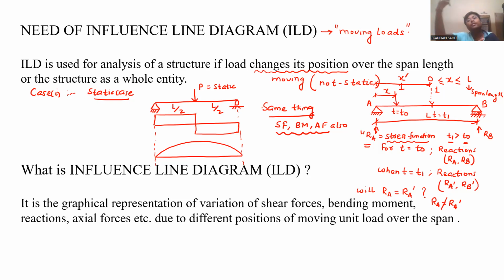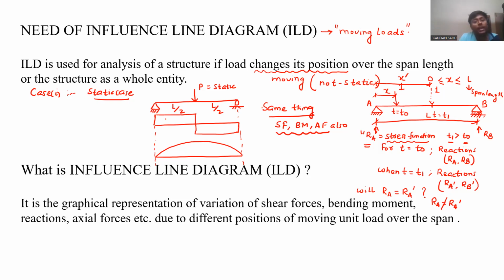At t equal to infinity also, where infinity is greater than 0, the load is at the same place without any further disturbance, as if it is behaving as a static load or dead load, what we call the self weight of the structure. It is not moving. So for that external load P, we are drawing shear force and bending moment diagrams, and those are constant for static loads.